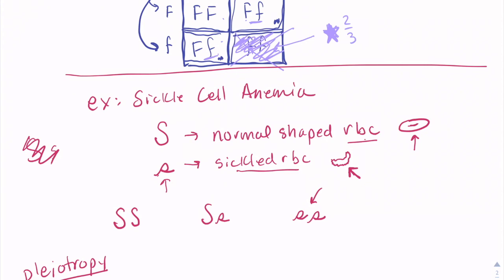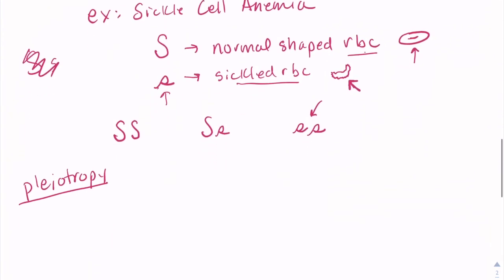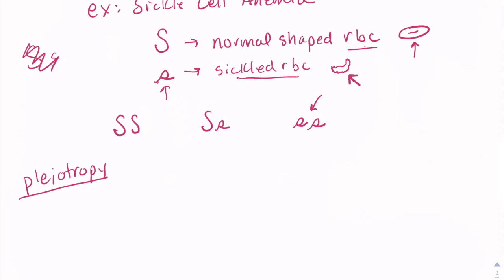Pleiotropy occurs when an allele causes more than one trait. I call it two traits for the price of one, right?